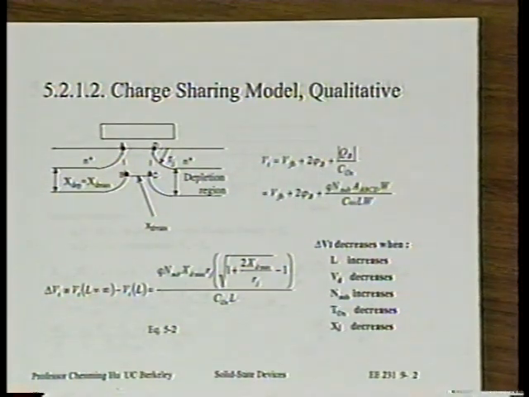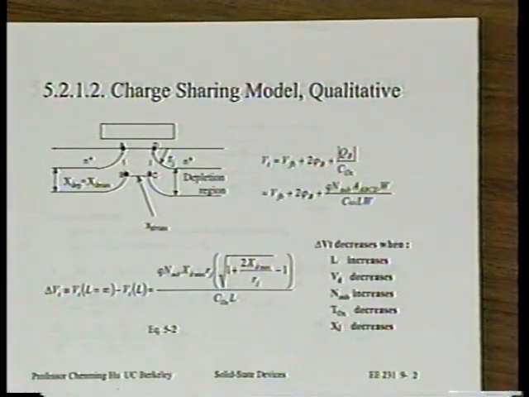So this is not where I thought we were going, but I'll very briefly mention this. This is section 5.2.1.2, called the charge sharing model. Some of you probably have heard of this before, and I don't plan to spend a lot of time because this is a qualitative model. It is a good model. It sometimes helps you understand certain qualitative things. Therefore, I think it's a good model to remember and to know about.